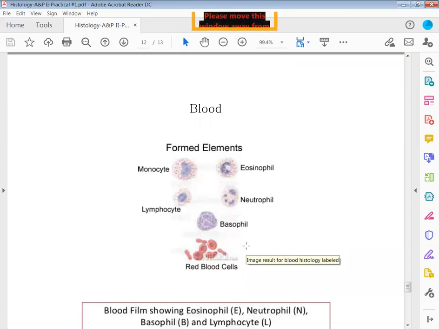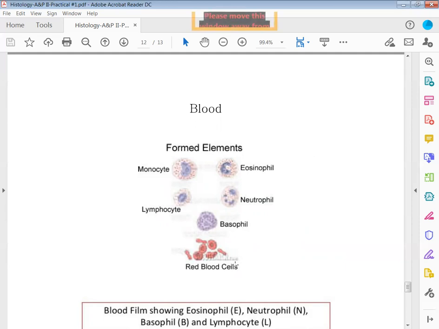Then we get down to blood. In blood, you have the liquid portion of the blood, that is called the plasma. Then you have the formed elements in blood. The formed elements are all the different cells that you see within blood, divided into white blood cells and red blood cells.